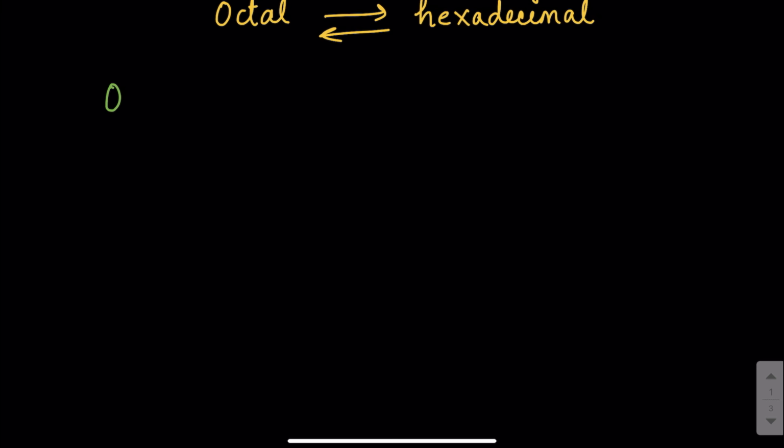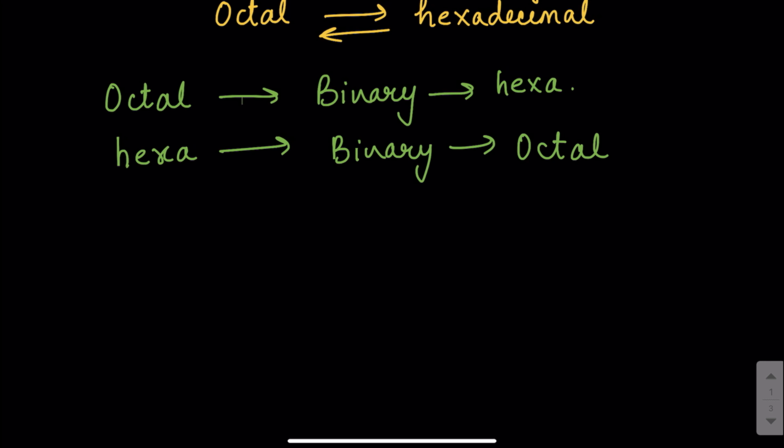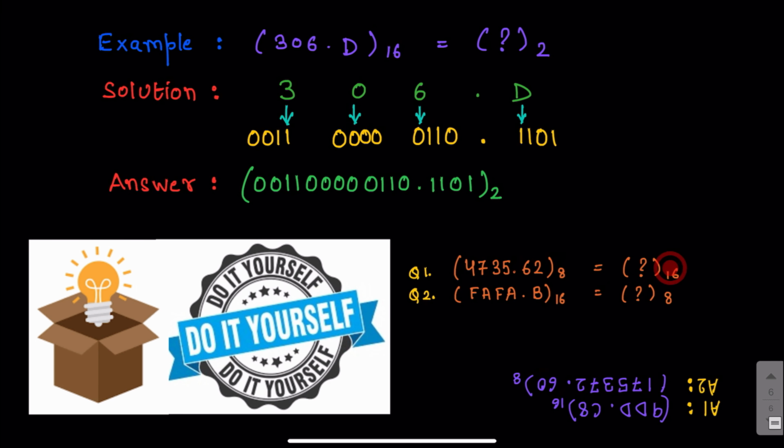So for doing this, I'll first do octal to binary, and then I'll go from binary to hexadecimal. Similarly, if I'm doing the other way around, I'll go from hexadecimal to binary first, and then I'll come back to octal. So you know these two things, and now you can try both these questions for converting octal numbers to hexadecimal or hexadecimal to octal, and you need to get the intermediate stage, that is binary. So with this process, you can try these two questions.